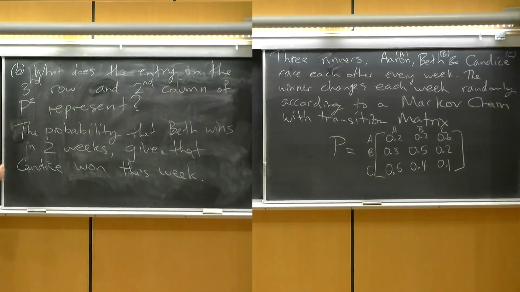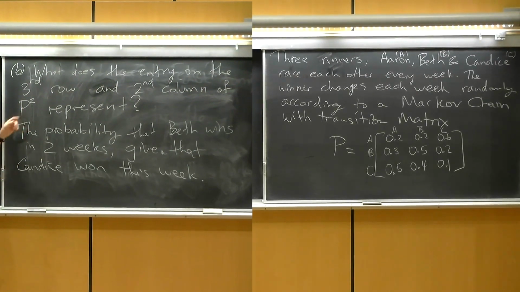Okay. So that wasn't exactly a fair question because I've never told you how to do this. Those would be different, yeah. Basically this entry in that matrix is going to take into account all the different possible ways this could happen.